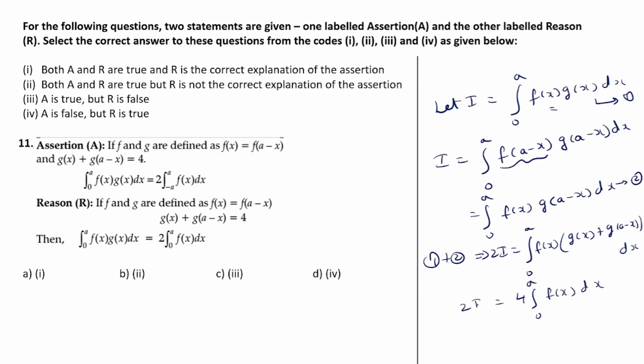So we have 2I equal to 4 times integral 0 to a f of x dx. So I will be 2 times integral 0 to a f of x dx. So here we can see that the reason is true and assertion is false. So here A is false but R is true. So the correct option is option D.